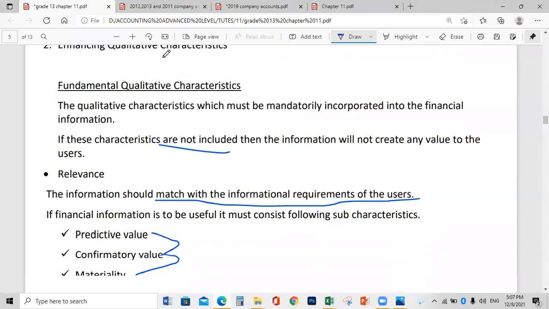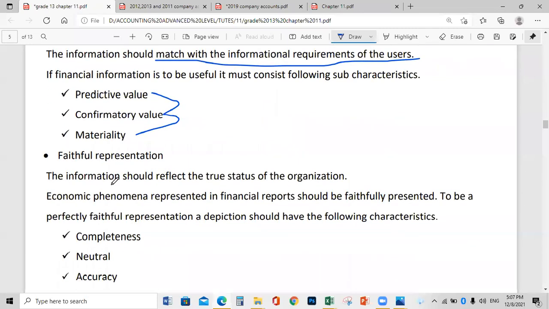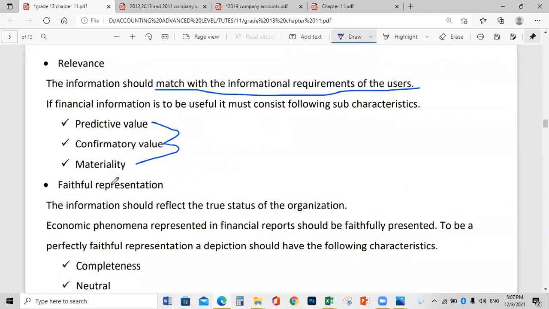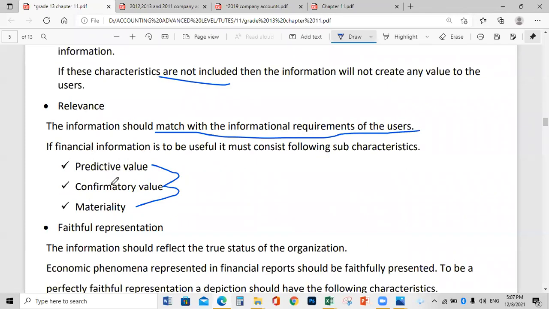If you satisfy these three only, it becomes relevant. Now you may have a doubt: what does predictive value mean? What does confirmatory value mean? What does materiality mean? Okay, just give me 1 minute.